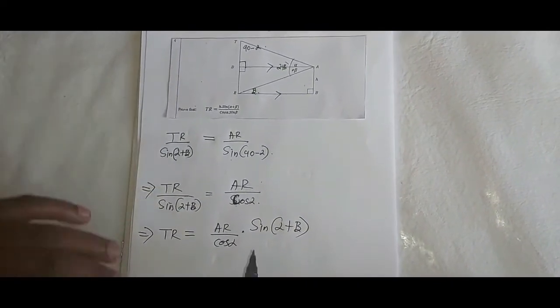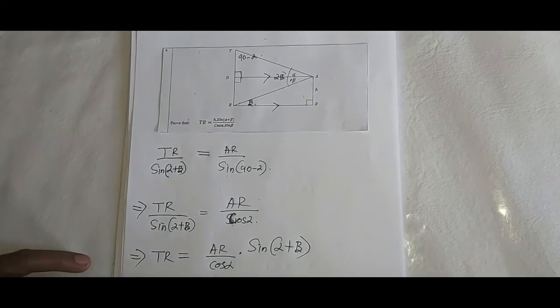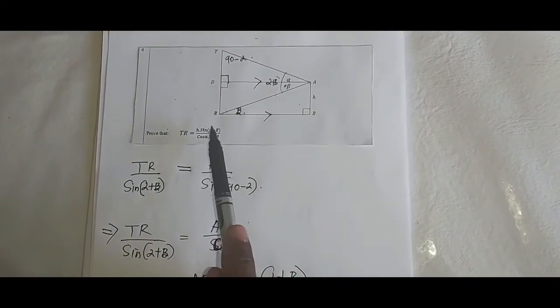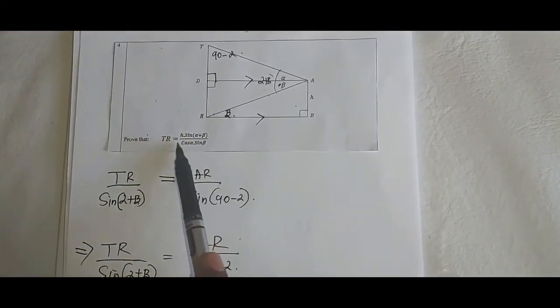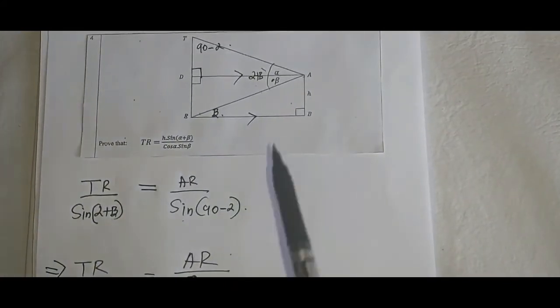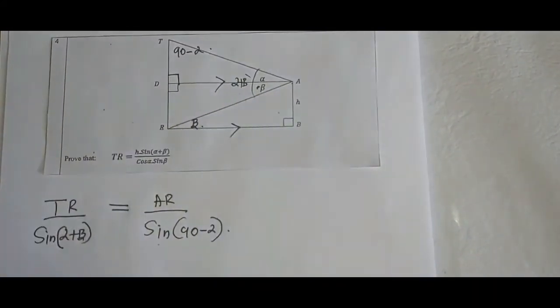Now, I'm worried about finding AR, because where I'm going, what I must prove, there's no AR. So I must get rid of the side AR.